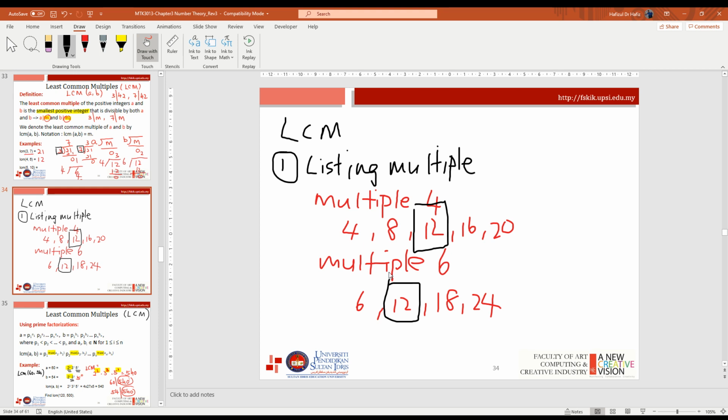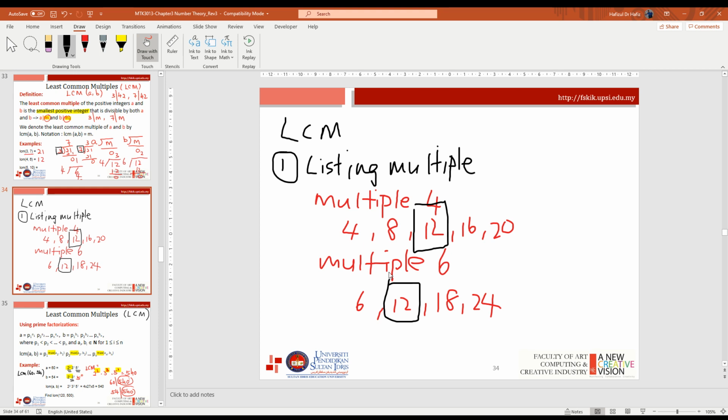To calculate the LCM of 4 and 6 by listing out the common multiples, we follow these steps. First step is to list a few multiples of 4 and 6. Step 2, the common multiples of 4 and 6 are 12 and 24, and the smallest common multiple of 4 and 6 is 12.